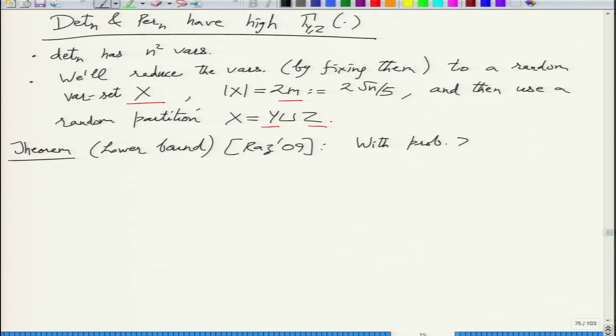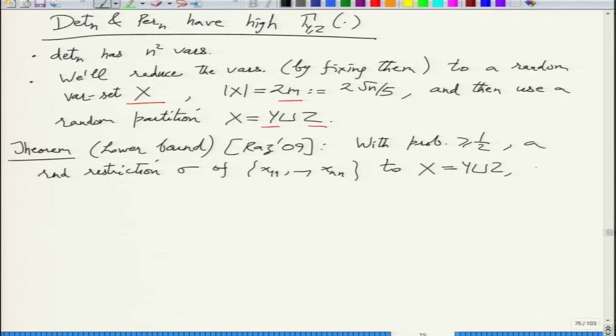With probability at least 50%, a random restriction sigma of the n square variables to x of size around 2 square root n by 5 yields a large measure, not for the determinant but for the determinant restricted by sigma.